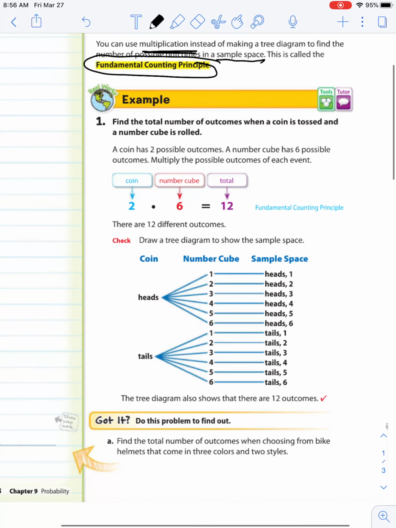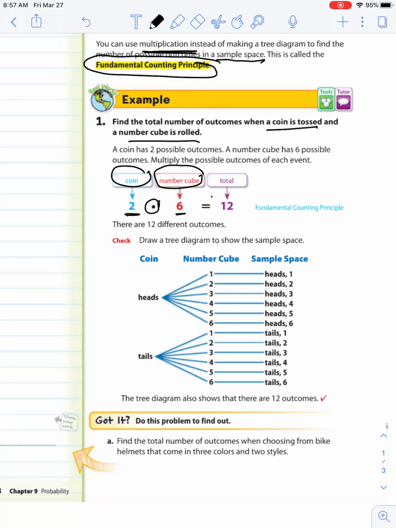So in this first example, it's asking to find the total number of outcomes when a coin is tossed and a numbered cube is rolled. So if you toss a coin, there are two options. And if you roll a numbered cube, there are 6 options. So to find the total number of outcomes, all you need to do is to multiply.